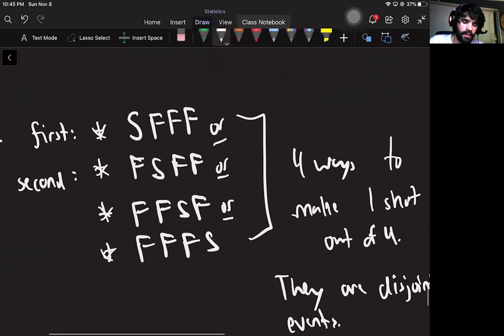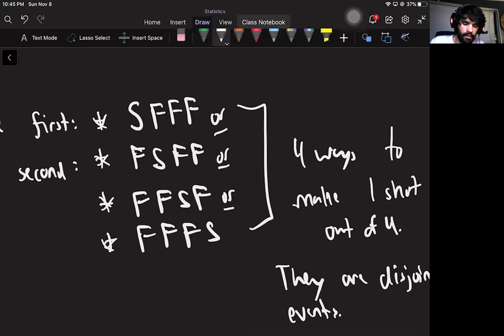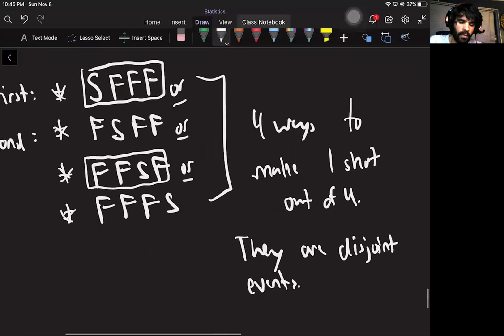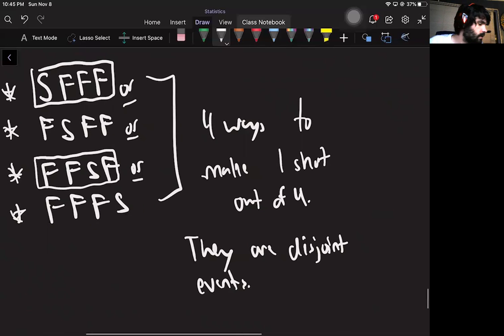I can't do both at the same time, because I can't miss the first and miss the second and still have only missed. I can't make the first and miss 3 and then at the same time somehow make the third one and miss the others. It just doesn't make sense. Only one of these events can happen at a time, so they're disjoint.